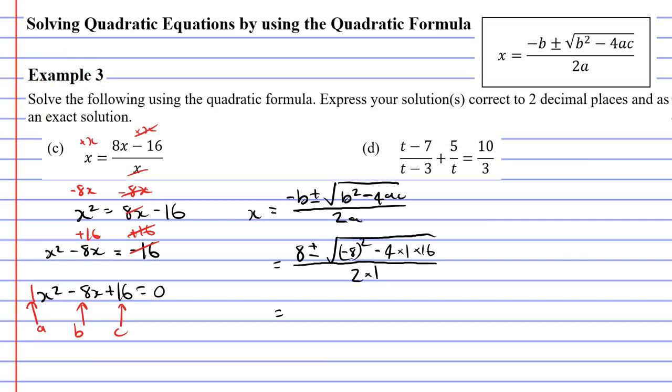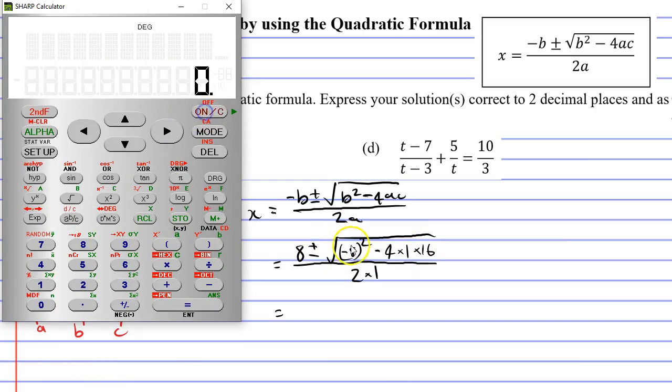Alright, what's the next step? Well, let's work out everything here under the radical or the square root sign. So we'll bring up our calculator. We've got -8 squared minus 4 times 1 and then times 16. And we get 0.